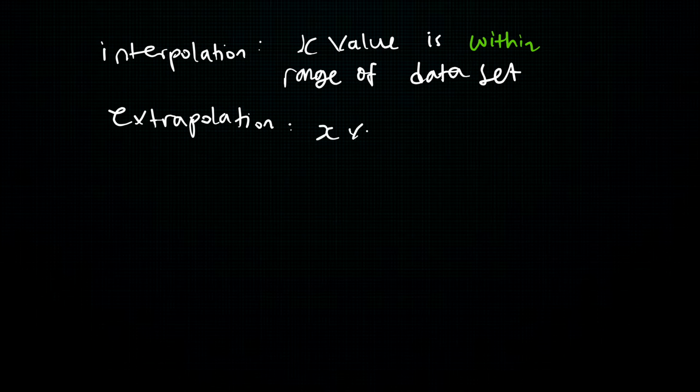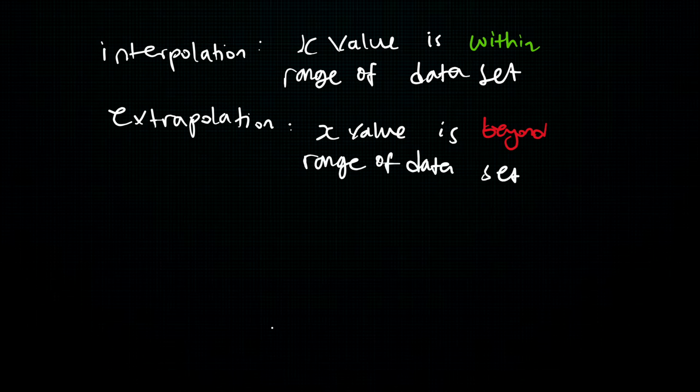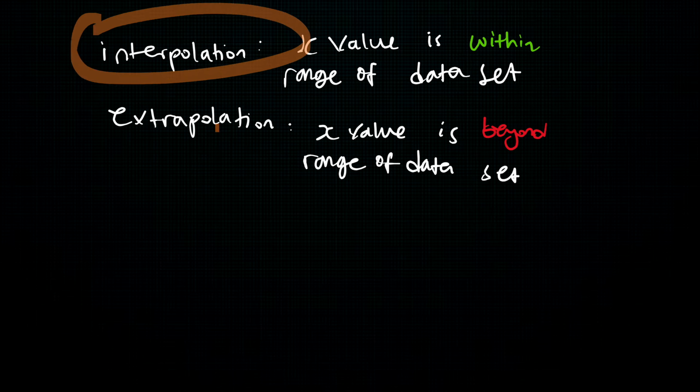Extrapolation means the x value is beyond the range of the data set. Now, why is this important? When your data is interpolated, the y value you get using the regression line is going to be reliable, if the x value you inputted is within the data set.